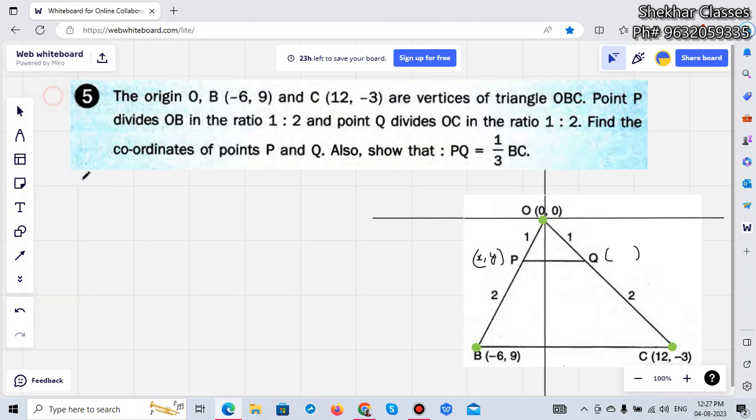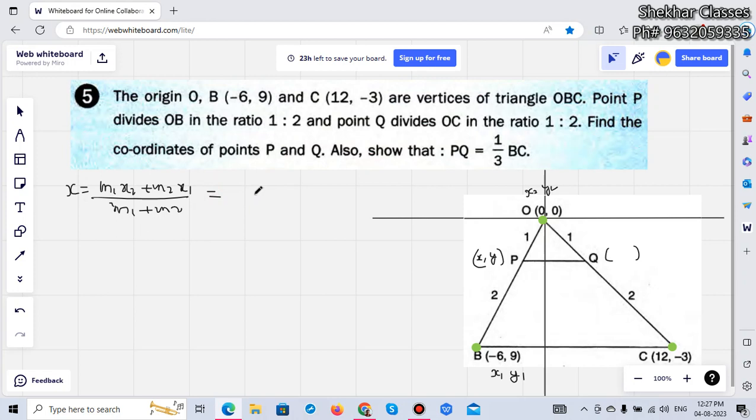X is equal to M1 X2 plus M2 X1 upon M1 plus M2. Let this be M1, this be X1 and Y1, and this be X2 and Y2. Using this we can use the formula.